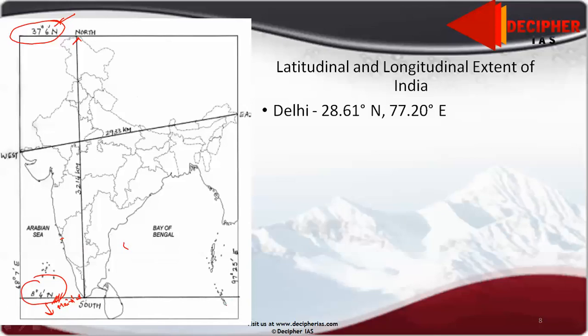Actually, the lowermost point is Indira Point, at 6 degrees 45 minutes north. This is the longitudinal extent, and this is the latitudinal extent.